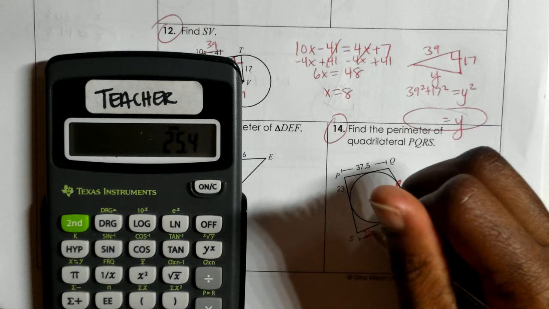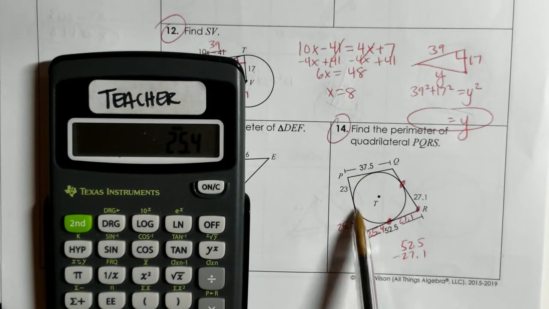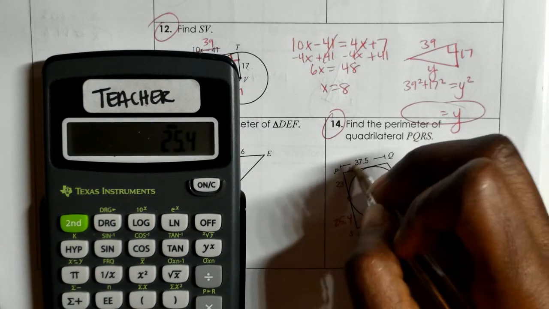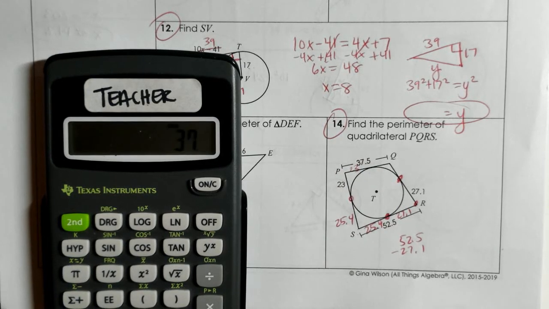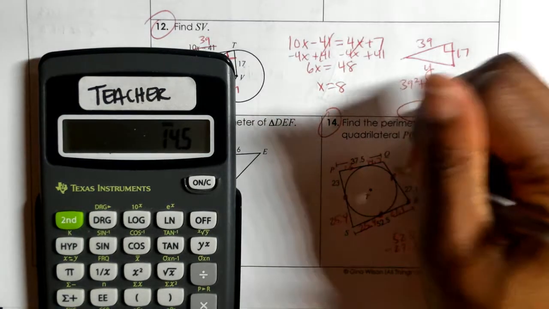So this part's going to be 25.4, which means this part's going to be 25.4, because those two are both drawn to S. This is 23, so this is going to be 23. And then we do subtraction again. So this is going to be 14.5 and 14.5.